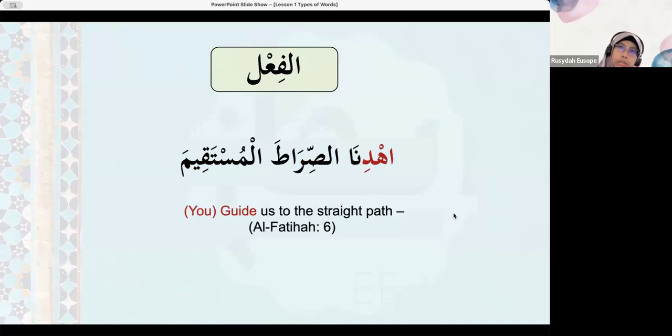In ihdi, the signs are the ha and dal, and it has this alif at the beginning. This alif we call hamzatul wasl. It doesn't have any shakal. If you refer to the Mus'haf, there's no kasrah or fathah, and there's no hamza written. Usually this is also one of the signs of a verb, in fact a very specific sign of an imperative verb. For example, iqra, usjud, waqtarib in Surah Al-Alaq, and farghab in Surah Al-Inshirah.